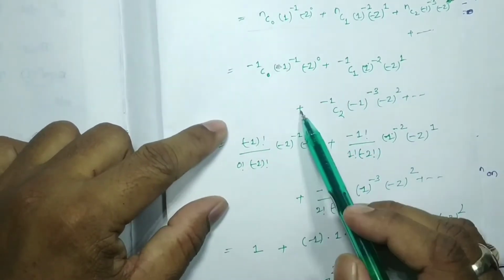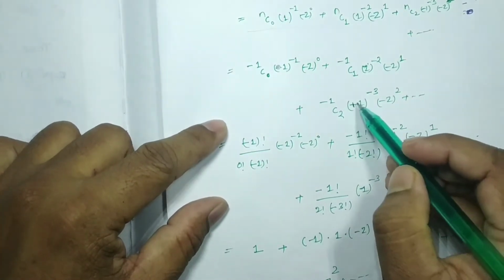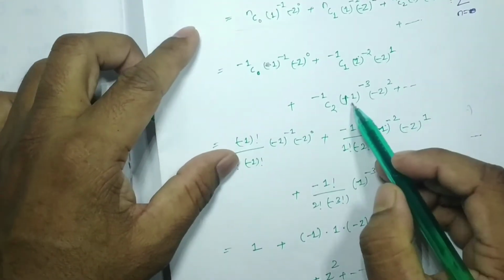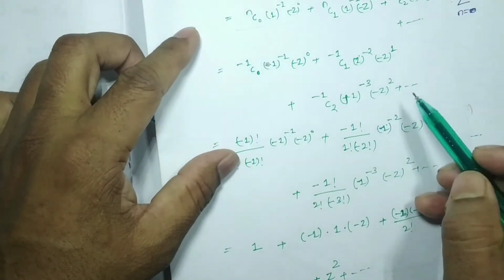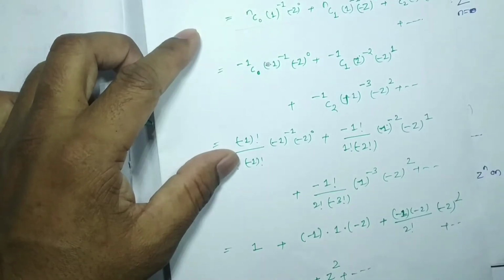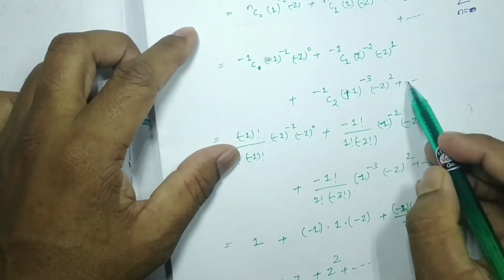Then third term is minus 1 C2. This is plus 1 actually, because this is 1 minus z. So 1 to the power minus 3 minus z to the power 2 plus so on.